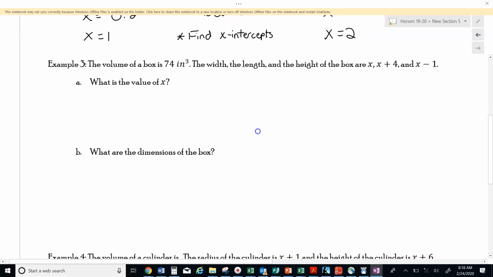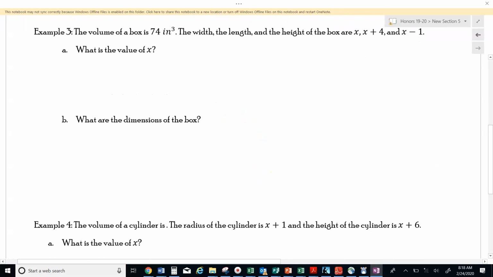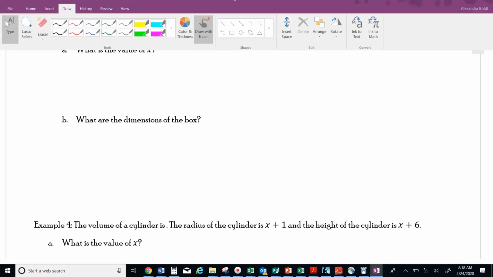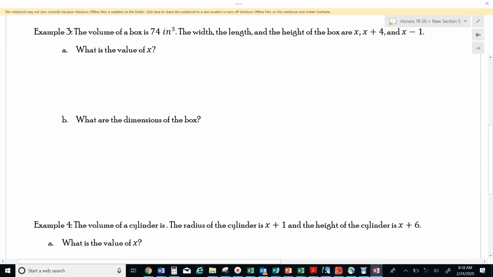We're just going to use our graphing calculator, but we need to figure out what our function is first. So this one says the volume of a box is 74 inches cubed. The width, the length, and the height of the box are x, x plus 4, and x minus 1. So let's draw this box.